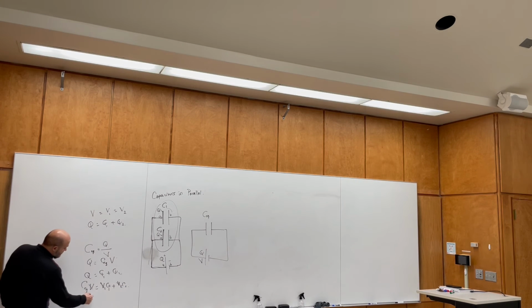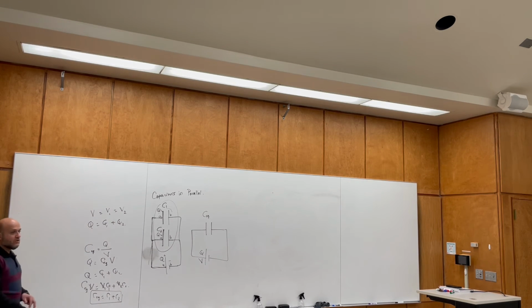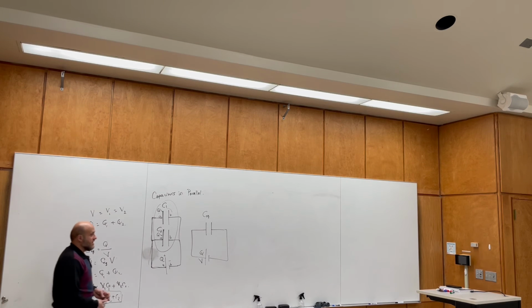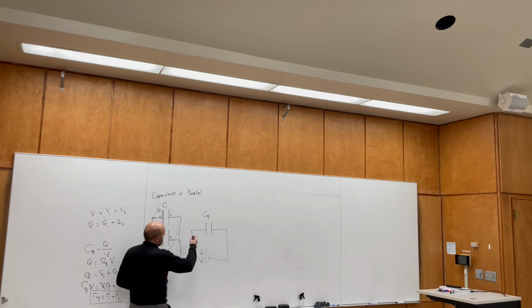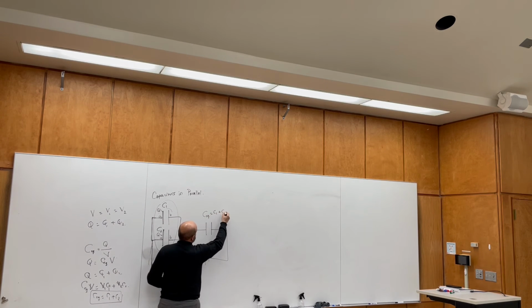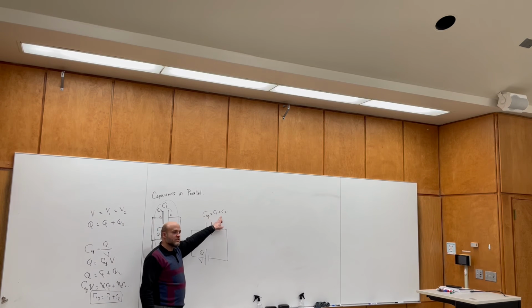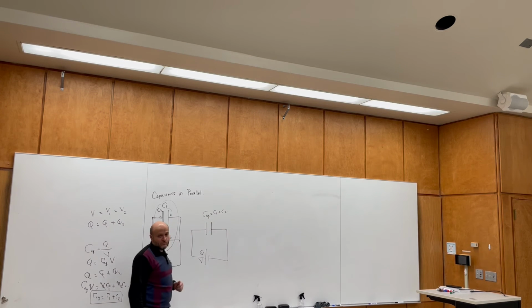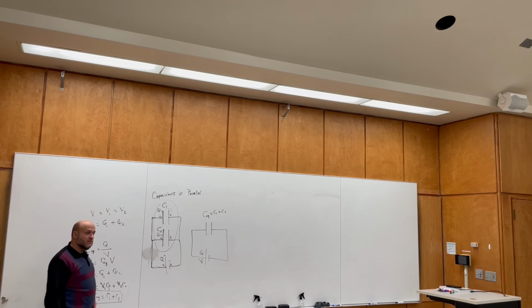So that means C equivalent is C1 plus C2. So if you want to find the equivalent of these two, you just add C1 plus C2. So this is 1 microfarad, 2 microfarad. I can take these two and replace them by one equal to 3 microfarad, and this will do the same job as both of them. So this is called the equivalent of the two capacitors in a parallel combination.